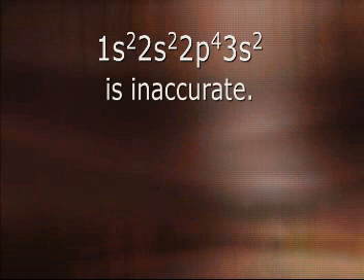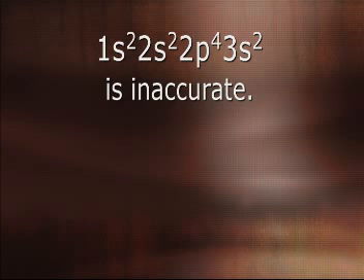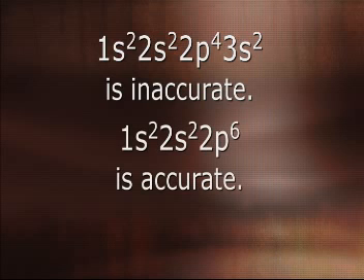The mistake in this configuration is in the 2p subshell, which should be completely filled by electrons before applying the remaining amount to the 3s subshell. This means that the correct configuration does not have a 3s orbital and can be expressed as 1s2, 2s2, and 2p6.